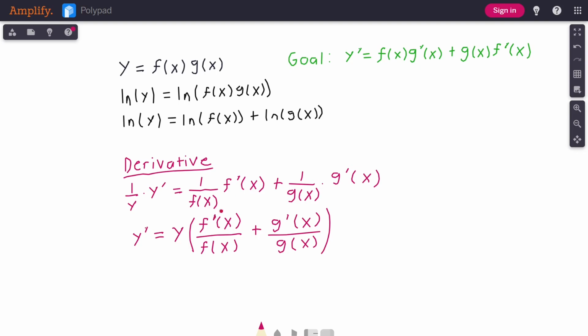Now, this does not look like the product rule that we know and love. For one, we got quotients going on, and we also have a y involved, right? We don't want that y. We want just f of x's and g of x's. So how can we get rid of this y? Well, we originally defined y in the very beginning of the problem to be f of x times g of x.